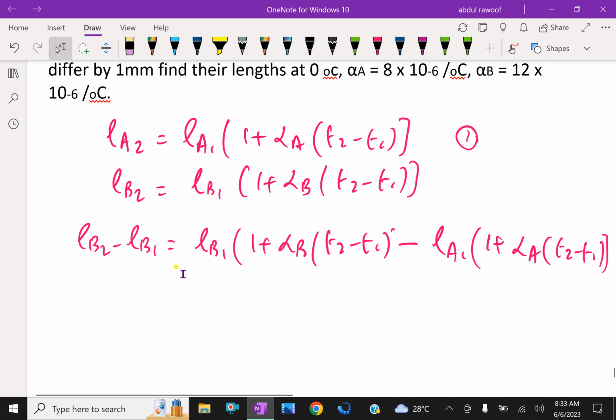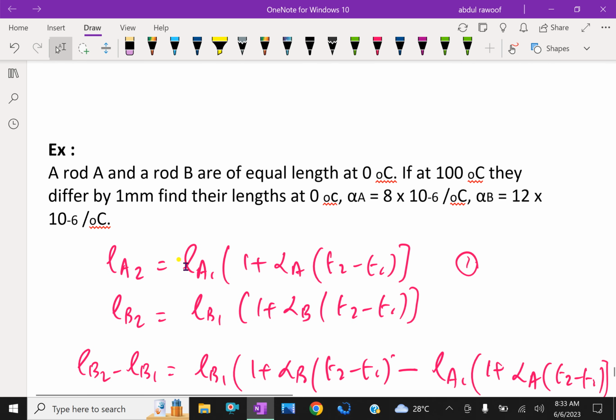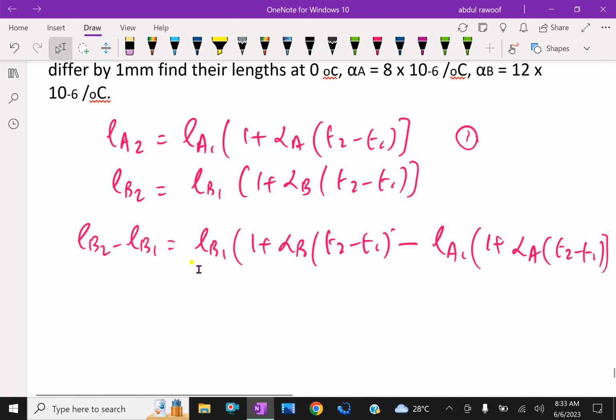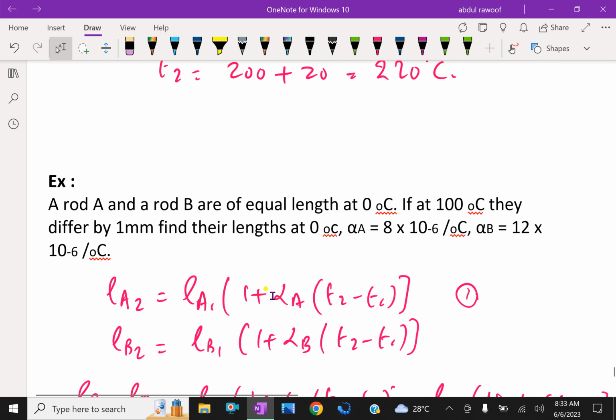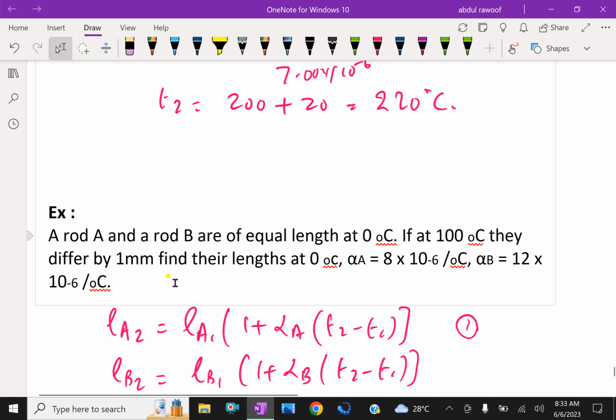Therefore the difference between these is LB2 minus LA2. Now the difference of their lengths at 100 degrees Celsius is 1 mm.